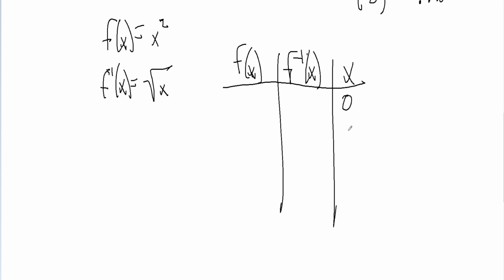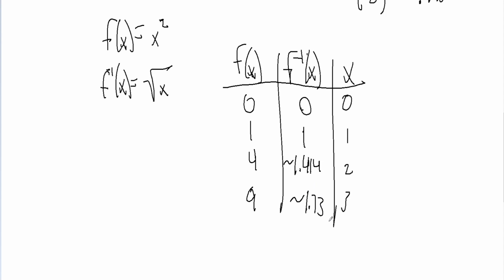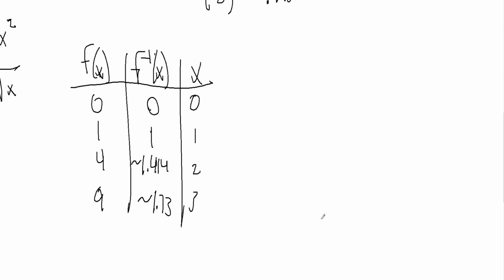And if we go from 0, 1, 2, 3 again, 0 squared is 0, 1 squared is 1, 2 squared is 4, and 3 squared is 9. And the square root of 0 is 0, square root of 1 is 1, square root of 2 is approximately 1.414, and the square root of 3 is approximately 1.73, okay?